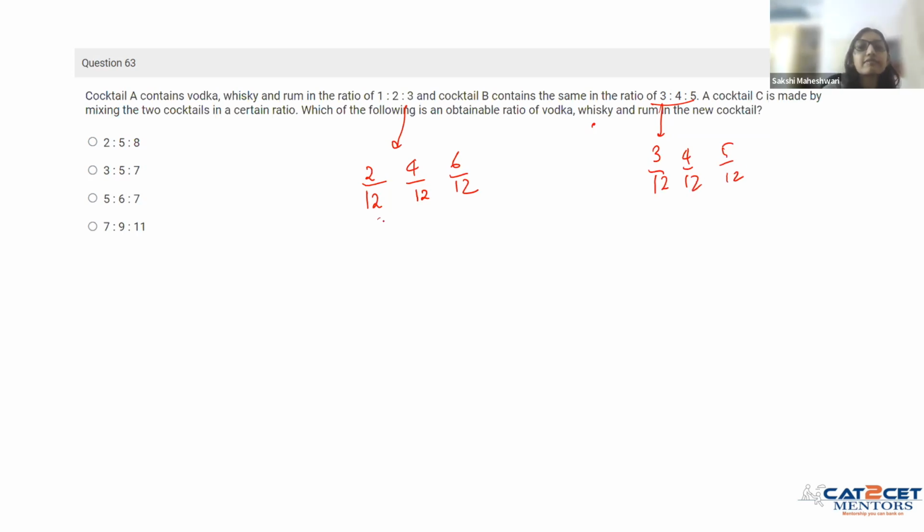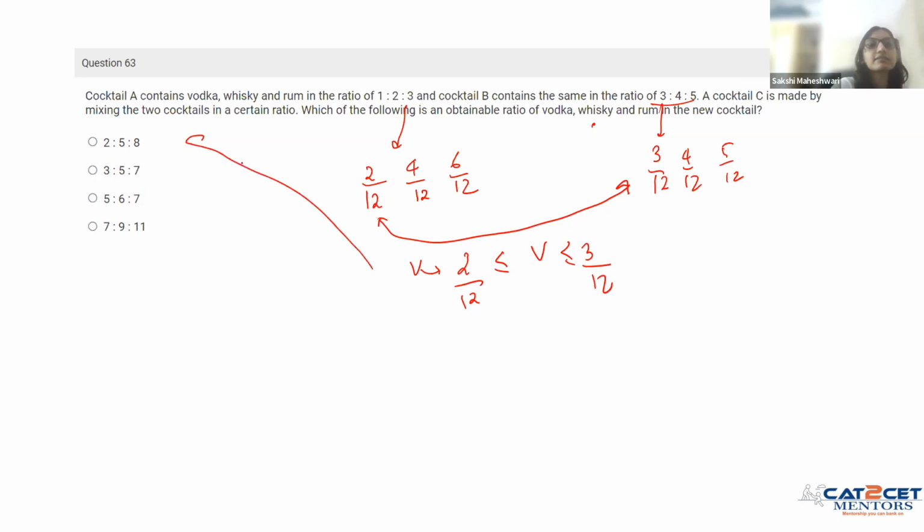For the mixture, the vodka has to be between these ratios only. Just see which one satisfies, and same for whiskey and same for rum. So you can see which one satisfies all the conditions.